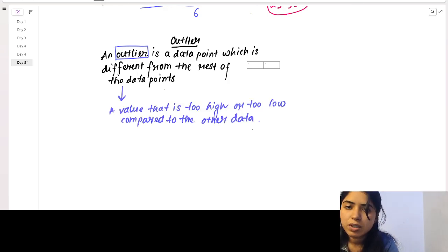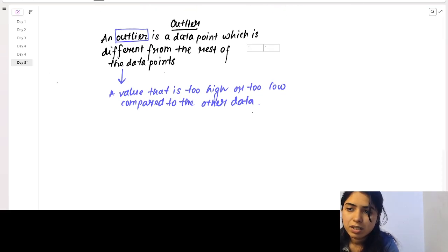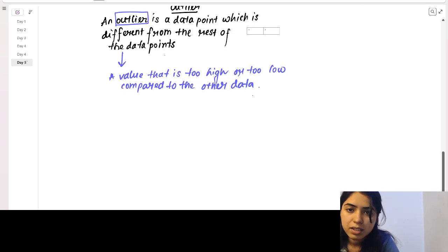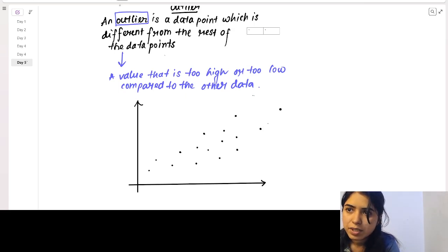If I draw a diagram of an outlier, you will understand better. This is the entire data, and this is a value which is very high, and this is a value which is very low. These two values can be considered outliers.